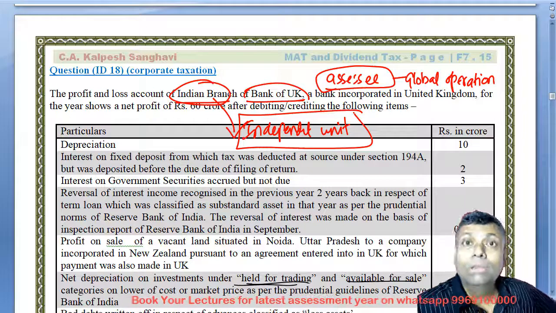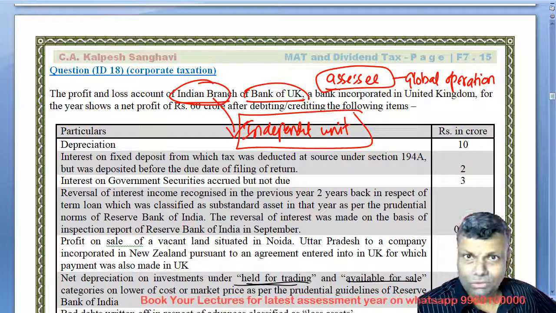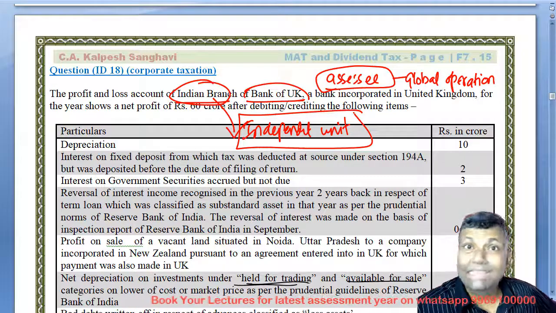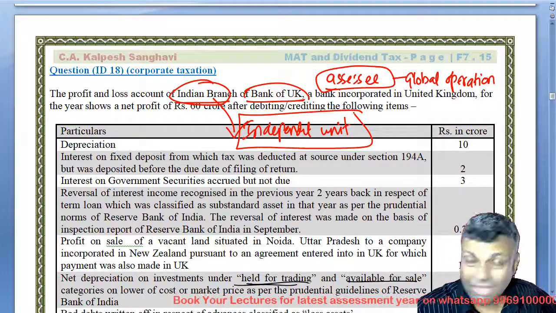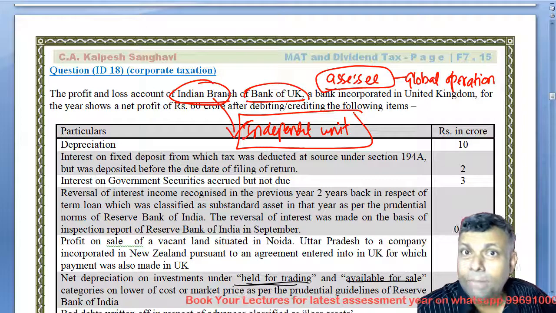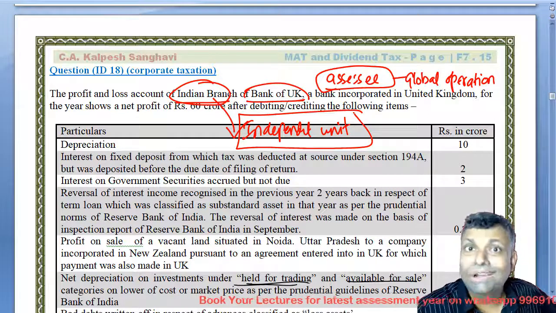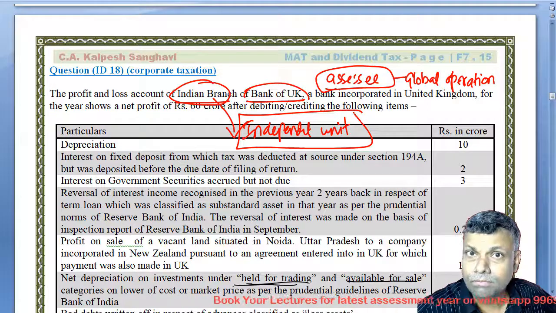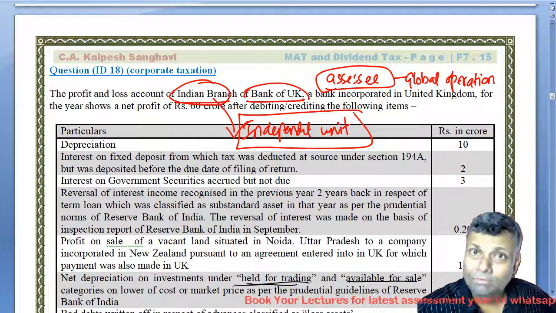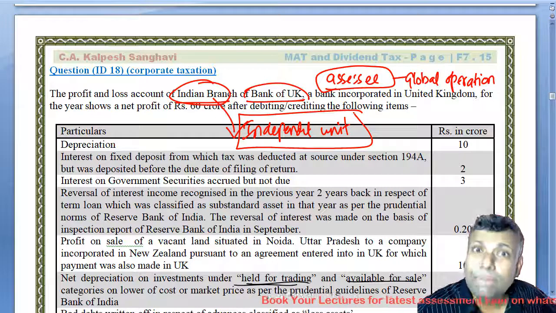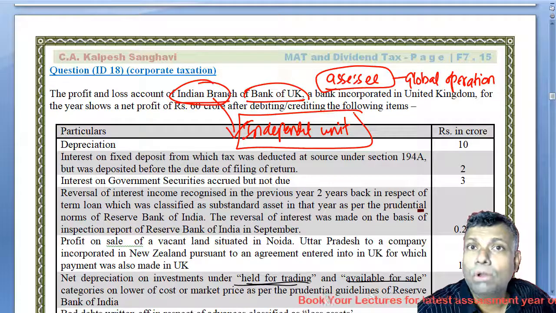I repeat, it will be regarded as an independent unit or independent assessee. As such, a branch is not an assessee. Keep that in mind. I repeat, friends, a branch of a bank is not an assessee. It is not a corporate body. But this branch of a foreign bank in India will be taken as a separately assessable entity from the tax law point of view.